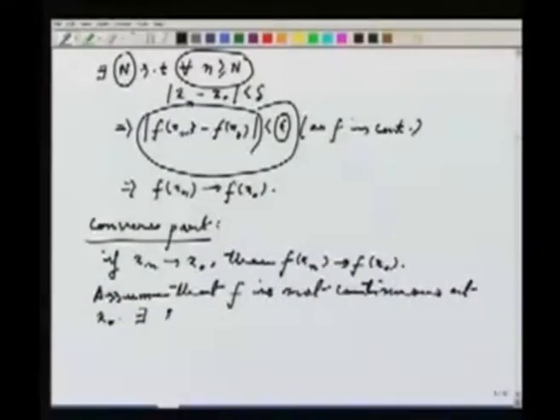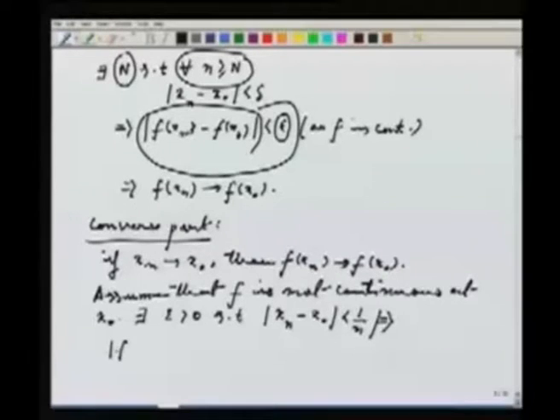So there exists epsilon bigger than 0 such that mod xn minus x naught less than 1 by n does not imply mod of f of xn minus f of x naught is less than epsilon.